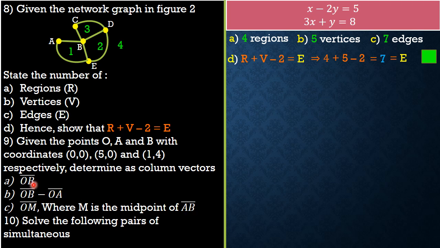Okay. So now, friends, we need to know that these vectors have been defined just as vectors. Then the origin has been given as (0, 0).